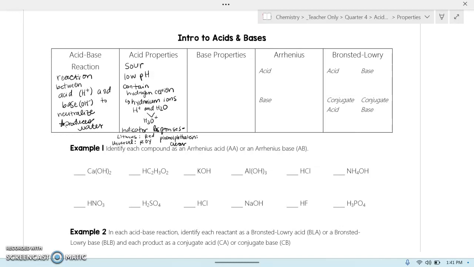So let's go ahead and write those responses for base. We've got litmus paper, same thing, will turn blue. Universal for a base is green, blue, and violet. And phenolphthalein is pink.